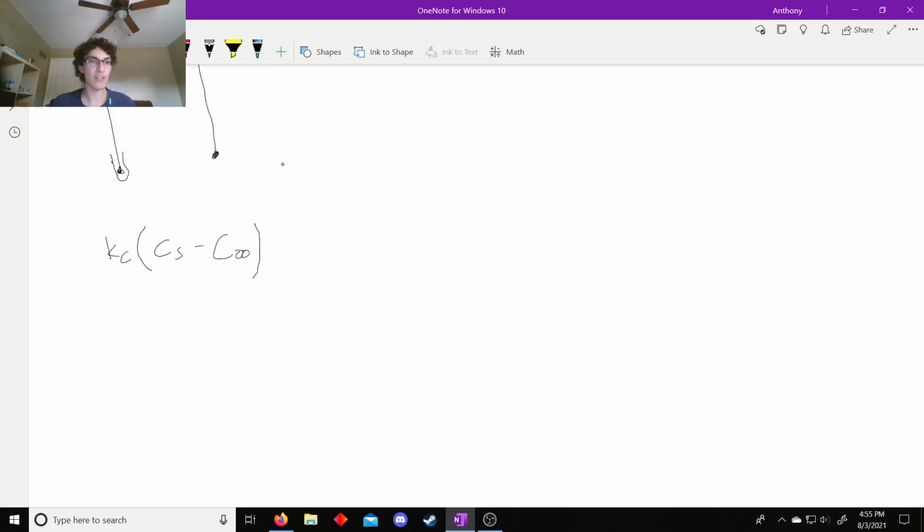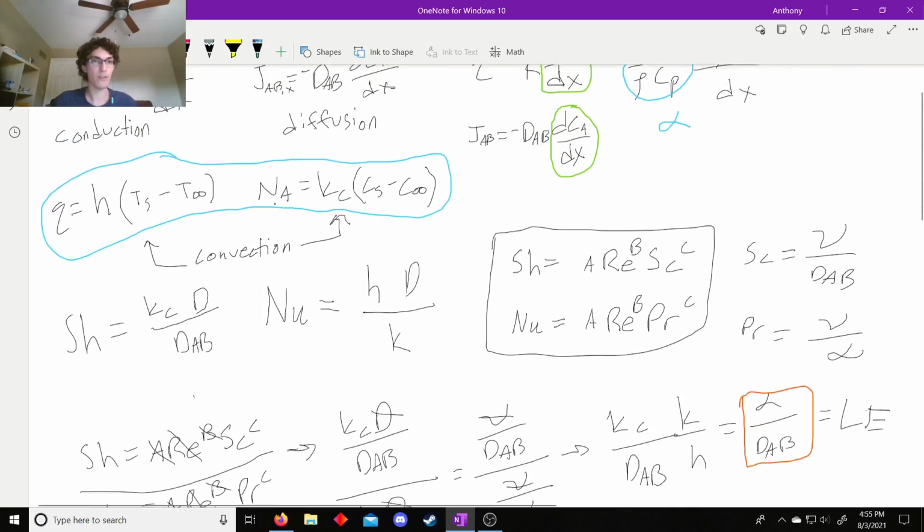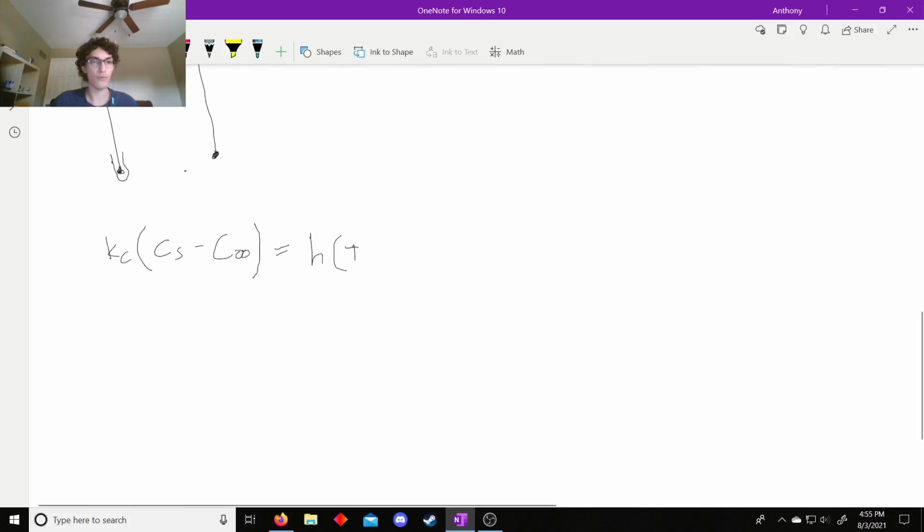And we're going to say that this is equal to the heat transfer. So the heat transfer is going to be the temperature at the surface. And actually what we'll do here is we will do the surroundings minus the temperature at the surface, because these two are in opposite directions.